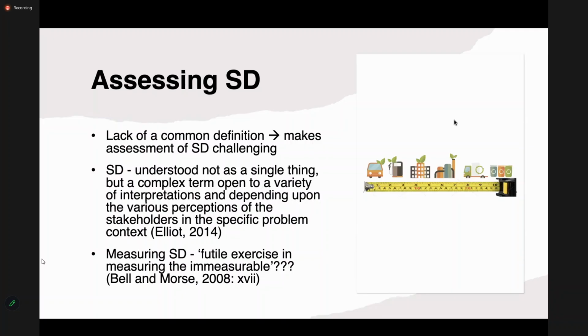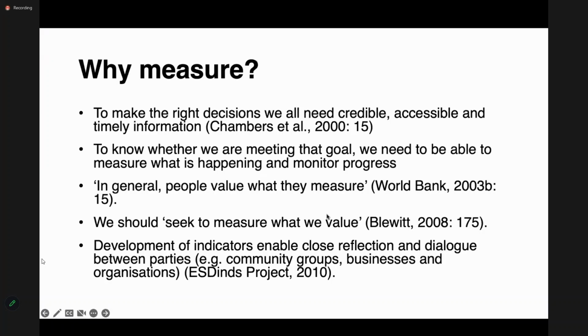So different stakeholders might have different priorities that they want addressed. So then the question becomes, is it something that we can't measure? Well, not really, right?